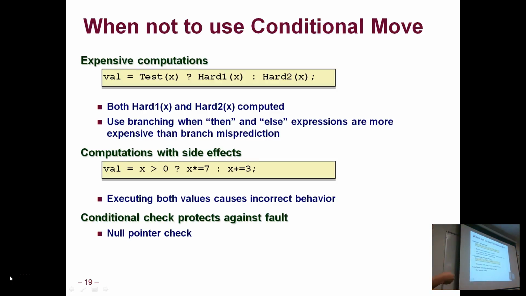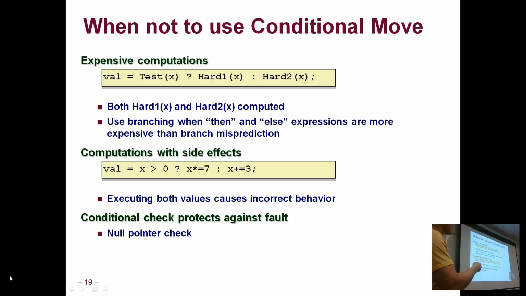The first thing is, if you saw the absolute difference, it's calculating both branches. Well, what happens if both the then branch and the else branch are computationally difficult, right? Then calculating both branches just to avoid the conditional branch is going to cost you.